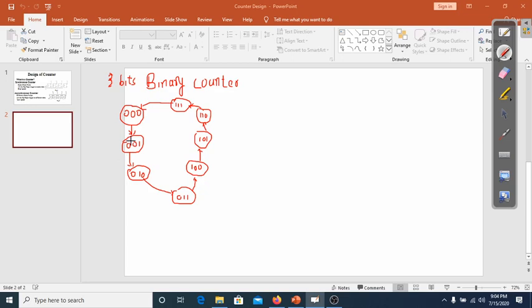So initially, let us start from 000. As the next clock pulse will arrive, the counter will shift to the next state 001. Now we can say that we have the present state and next state. Let me draw the table.